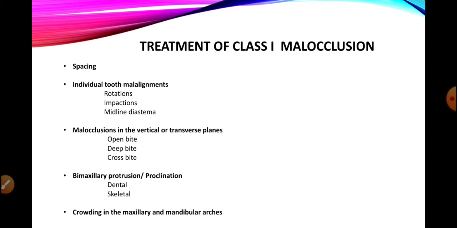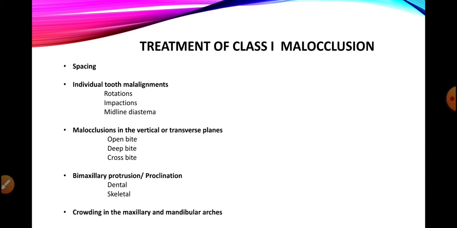So, before we discuss the treatment, we should know what types of malrelationships can be seen in cases of class 1 malocclusion. Broadly, we classify the malrelationships into spacing. These are the various alignments that can be seen.